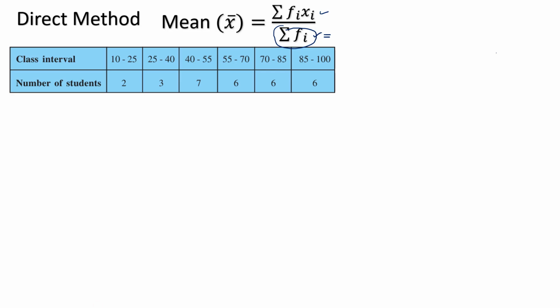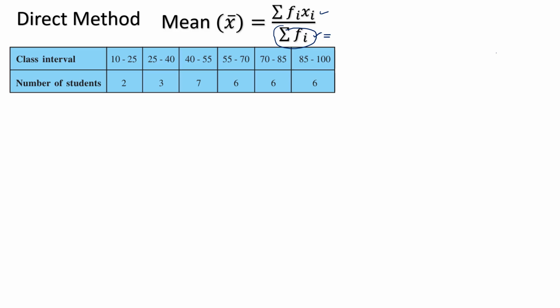How can we identify whether given class intervals are continuous or not? Just look for the upper limit of the first and the lower limit of the next. If these two numbers are the same, then the given class intervals are continuous.